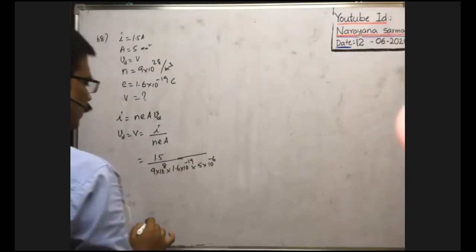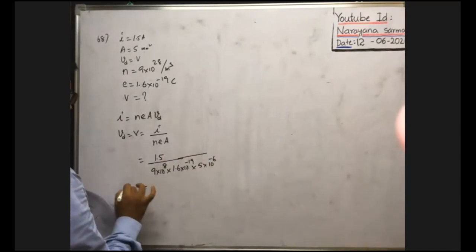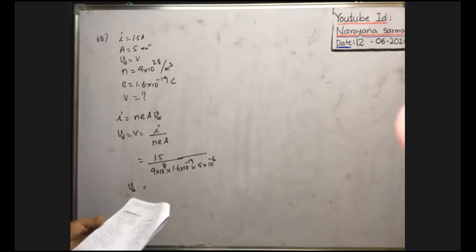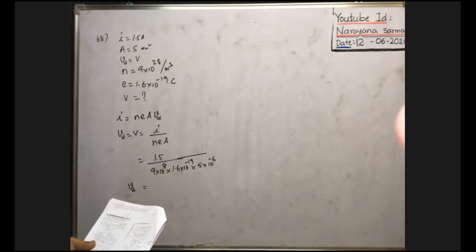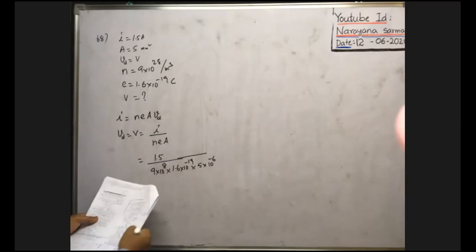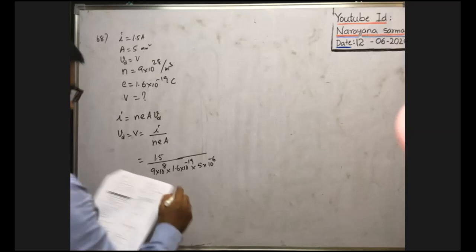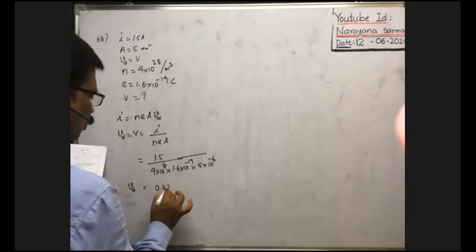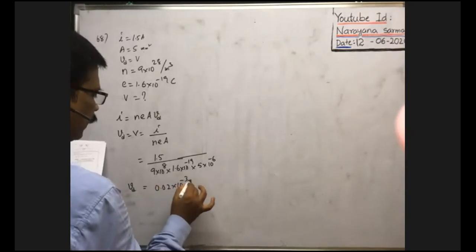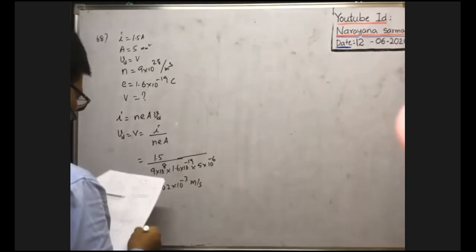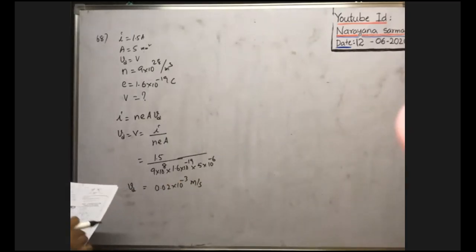Okay. Now, if you simplify them, after simplification you will get drift velocity is equal to 0.02 into 10 to the power of minus 3 meter per second.